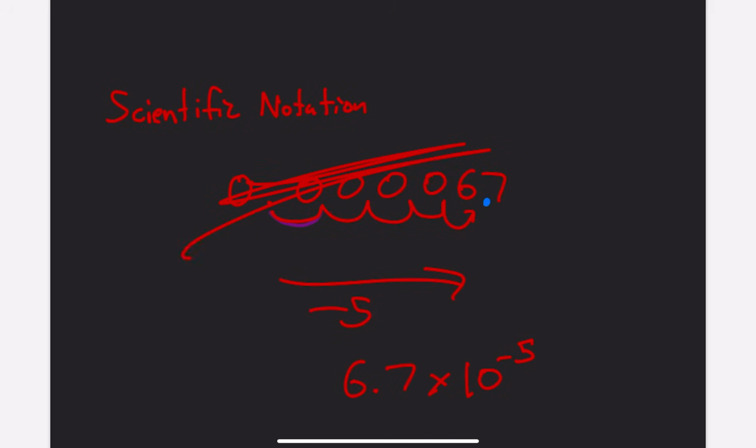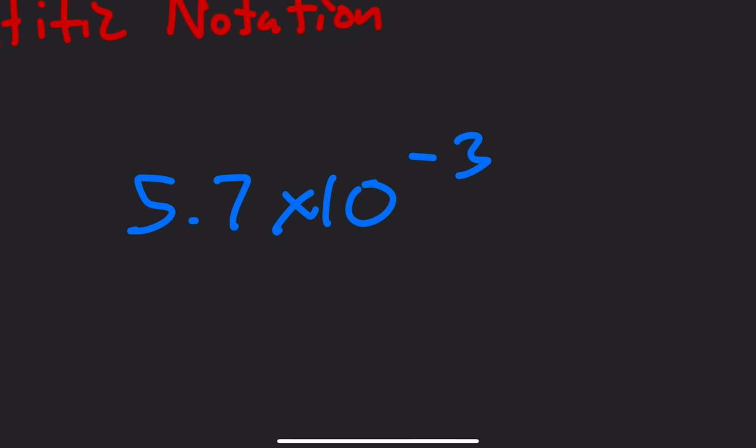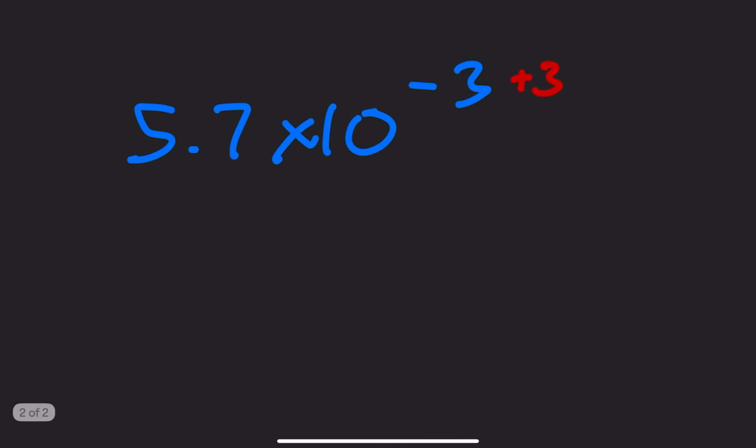Okay, and then let's go from scientific notation. If you need that, sorry, pause the video if you need it. Okay, if you want to go from scientific notation to standard form, this is how I would do it. Okay, so in order to get rid of the negative 3, we need to add 3, right? And if we add 3, we need to move our decimal point 3 places to the right.